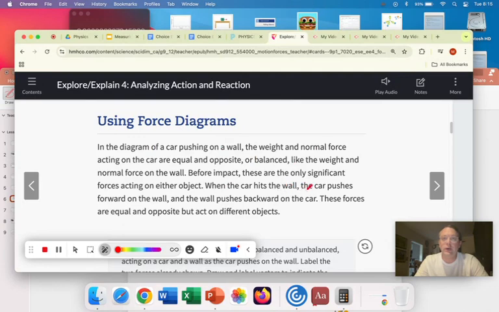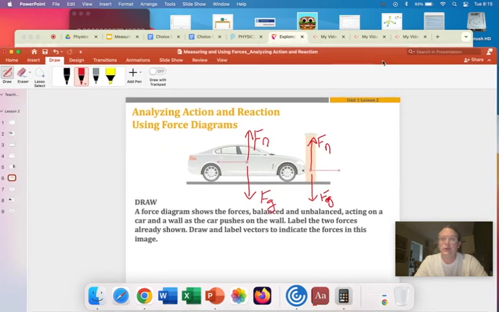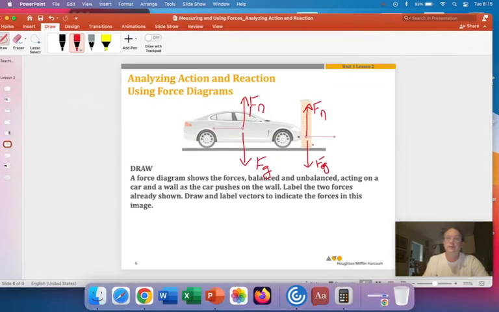when the car hits the wall, the car pushes forward on the wall, and the wall pushes backward on the car, and they're equal and opposite, but act on different objects. So we can label this force as the force of the car pushing on the wall, and we can label this force as the force of the wall pushing on the car.